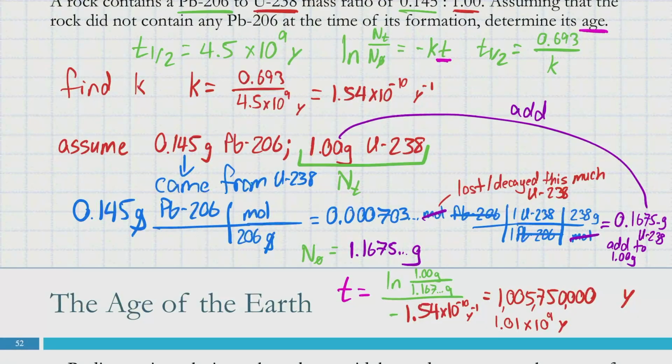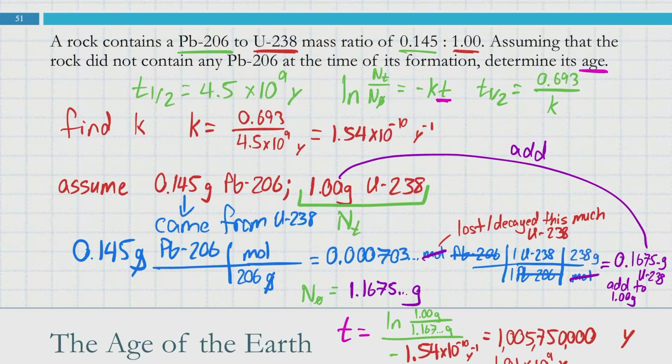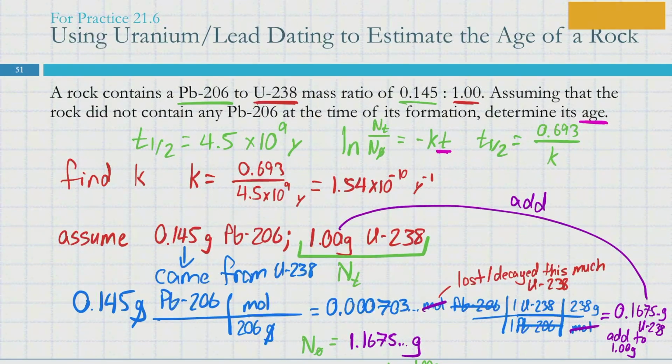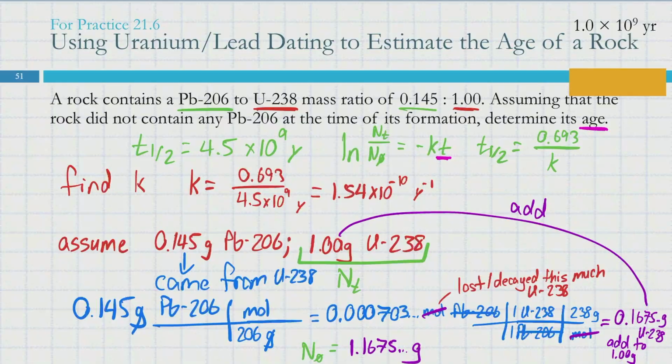So a little over 1 billion years. Which makes sense. We're less than a half-life by quite a bit. So we would expect to be less than 4.5 billion years. And if I remember correctly, the answer is 1.0 times 10 to the 9 years.